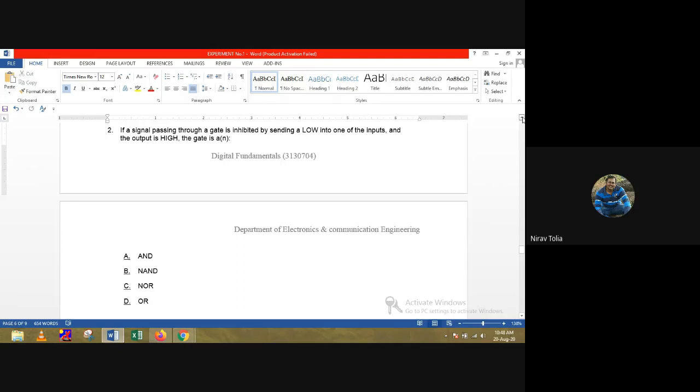Okay, what that means is, if a signal passing through a gate is inhibited by sending a low into one of its inputs, one of the inputs is low, 0, so the other will be high, and my output is high, then which gate is it?